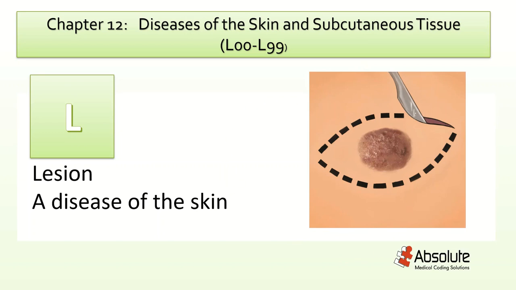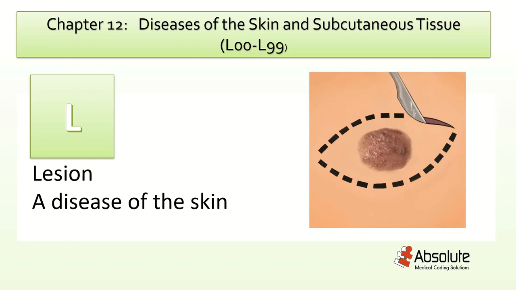Well, lesions. Skin lesions begin with the letter L. So when you think of L, think of skin lesions, or you can think of layers of skin. Yeah, L is for lesions, L is for layers of skin, and you know what? Both are diseases of skin and subcutaneous tissue.